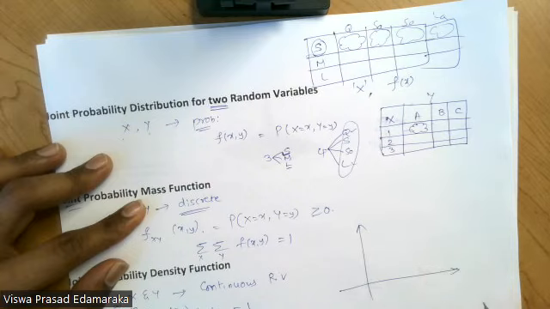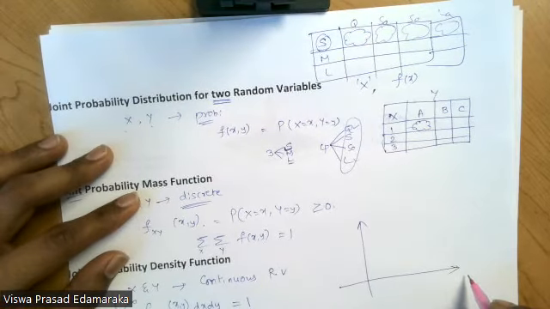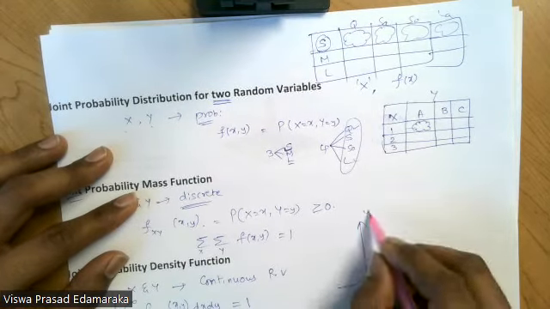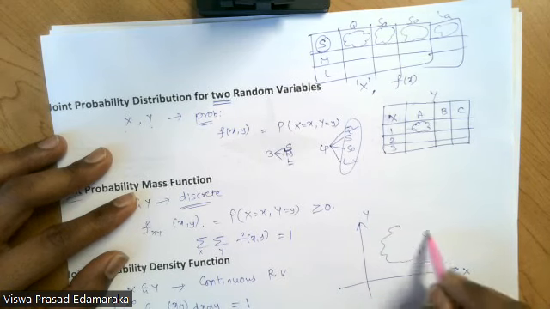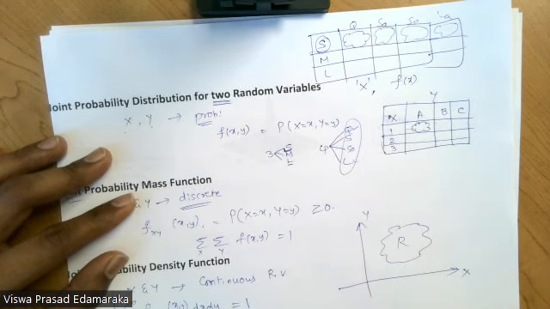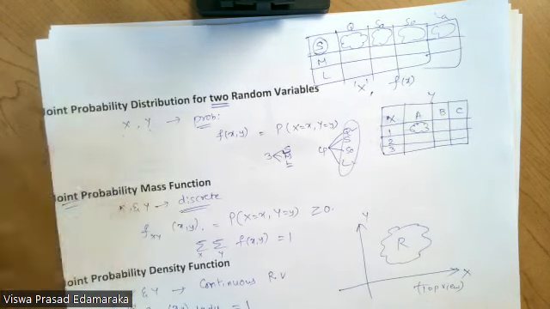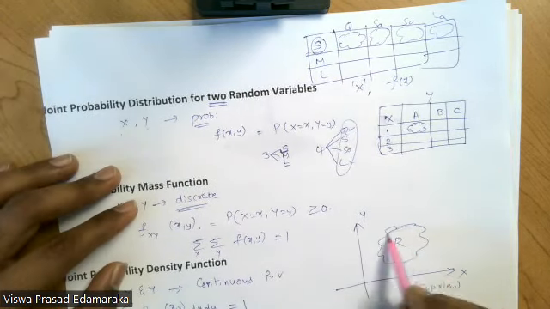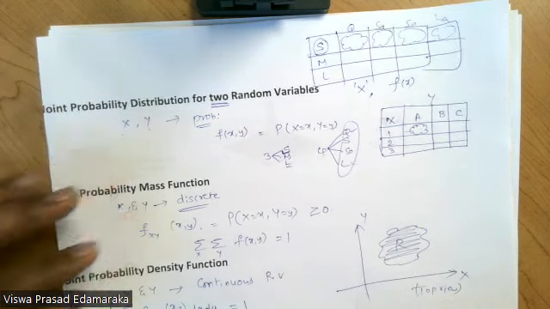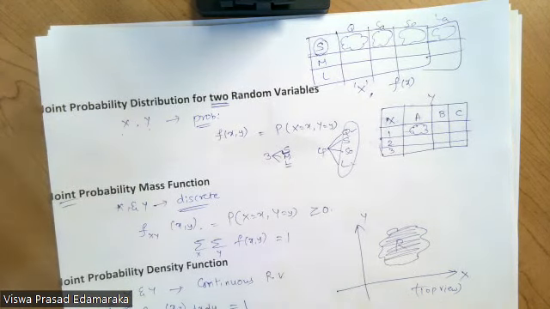For example, if we plot a graph between x and y, on the top view we will observe a region. The area of the region from the top view is what we calculate for the probability value.